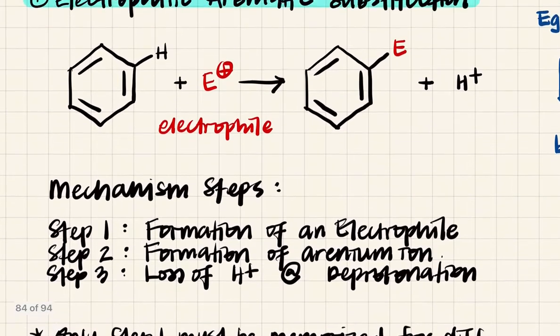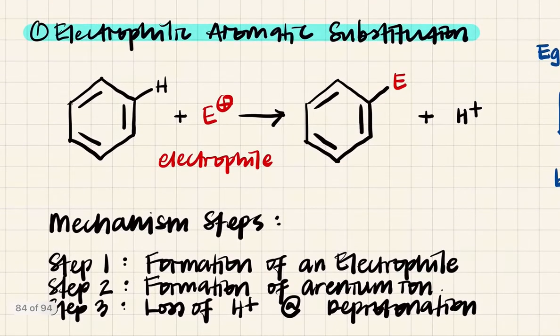And then for electrophilic aromatic substitution, you have 3 steps that you have to remember, which is the formation of an electrophile, formation of uranium ion, and then finally loss of proton atau deprotonation. Nak buang proton tu untuk dapat balik your aromatic compound.